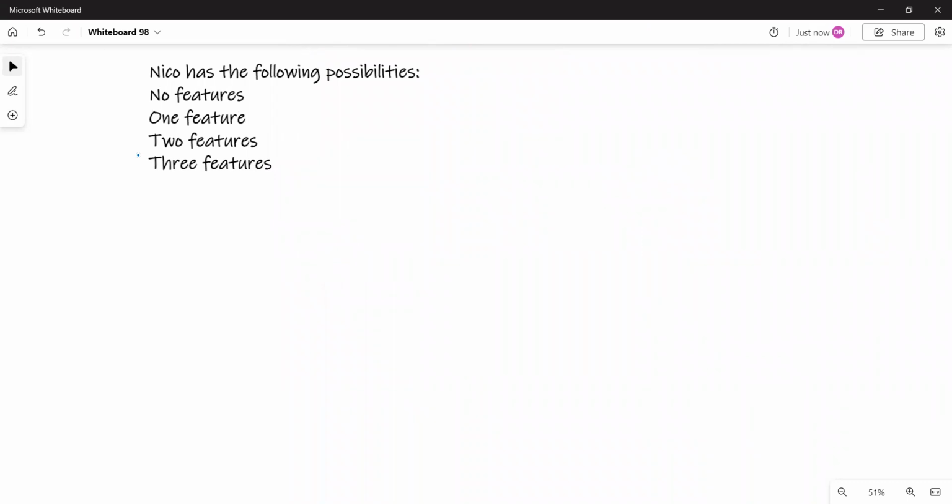So we gave names to unknowns. S stands for multiple screens, C for multiple cameras, and A for artificial intelligence photo editing. So if the phone has no features, it means it doesn't have any of the three.